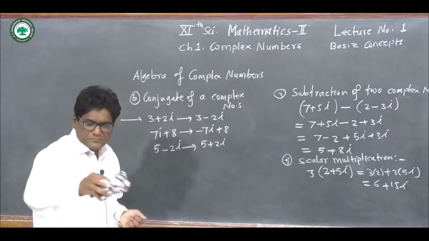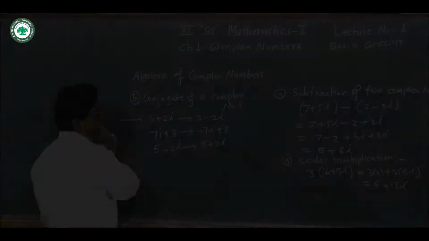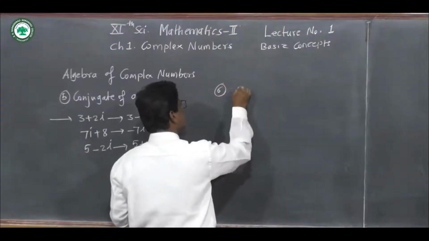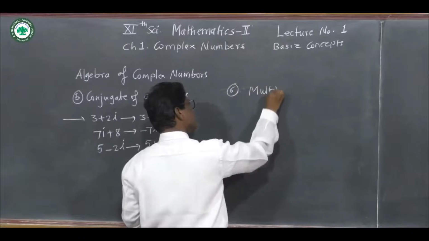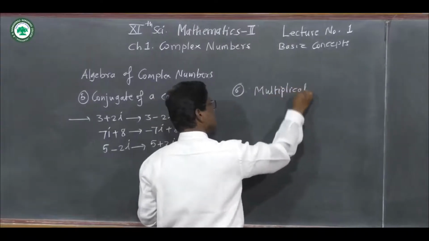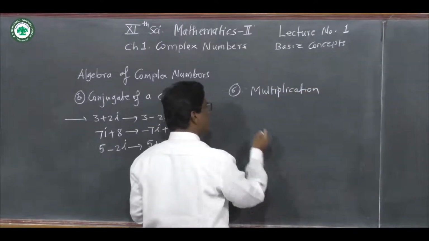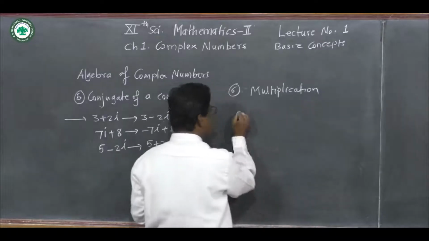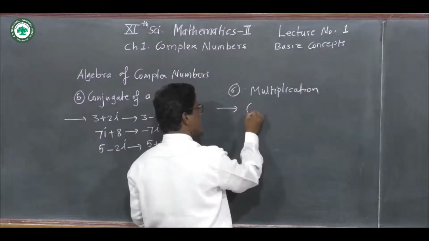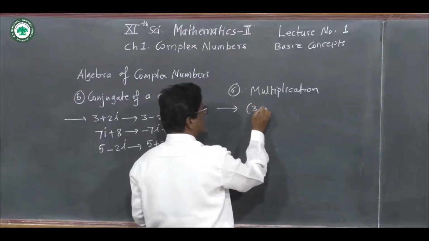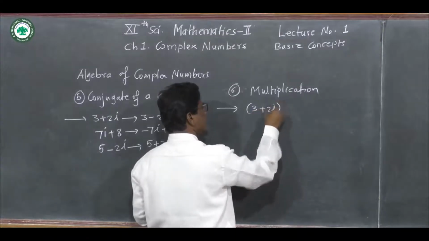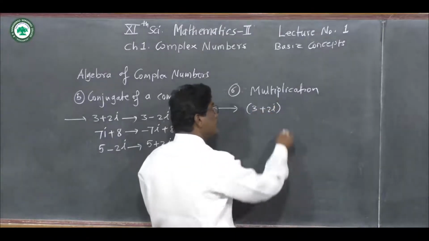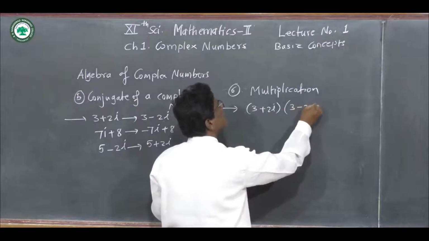Now next, multiplication. If we want to take the multiplication of two complex numbers, suppose 3 plus 2i is one complex number and another complex number is 3 minus 2i.